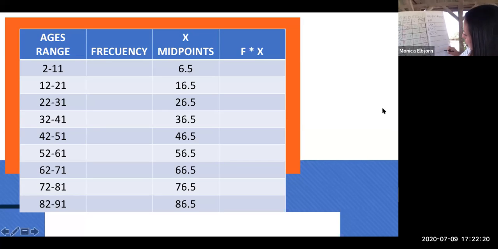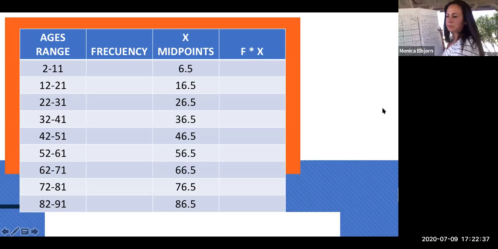You're gonna have to do this with your homework. 45.5. And then over here, 36.5 times 5.